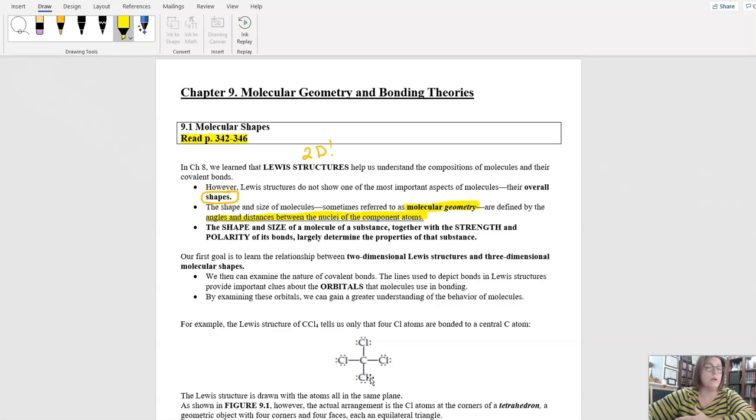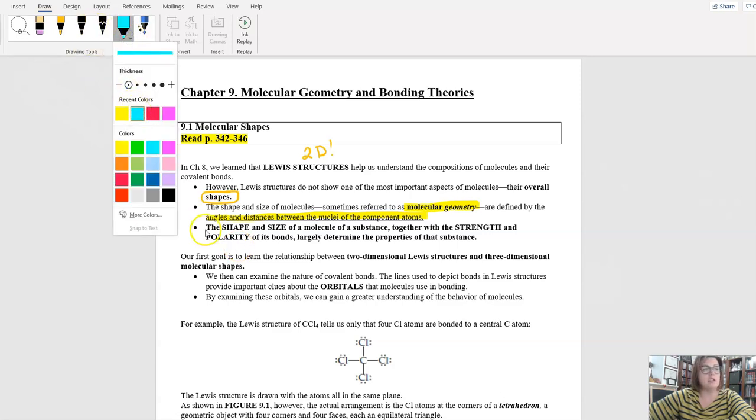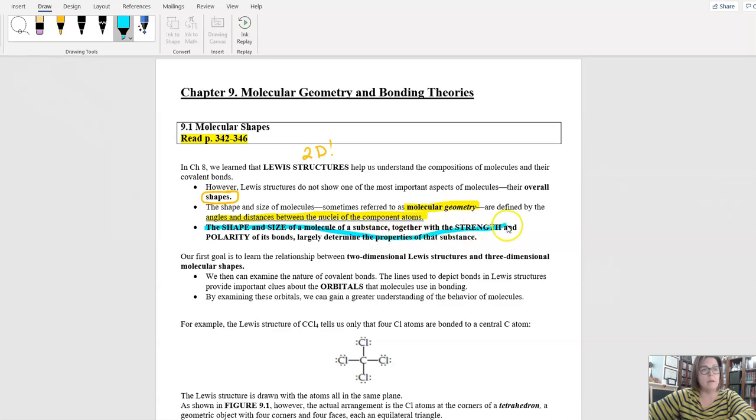But what is this real shape on paper? So our first goal is we have to understand the difference between two-dimensional and three-dimensional. The shape and size of a molecule of a substance together with the strength of polarity. I told you it's coming back with a vengeance. So we're going to look at shape and size and polarity.